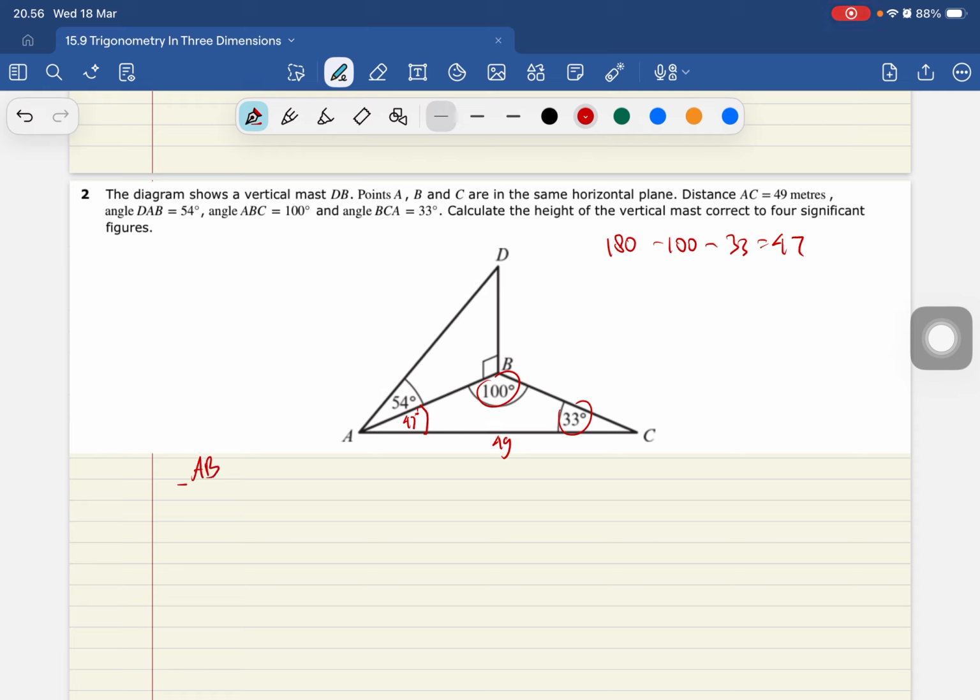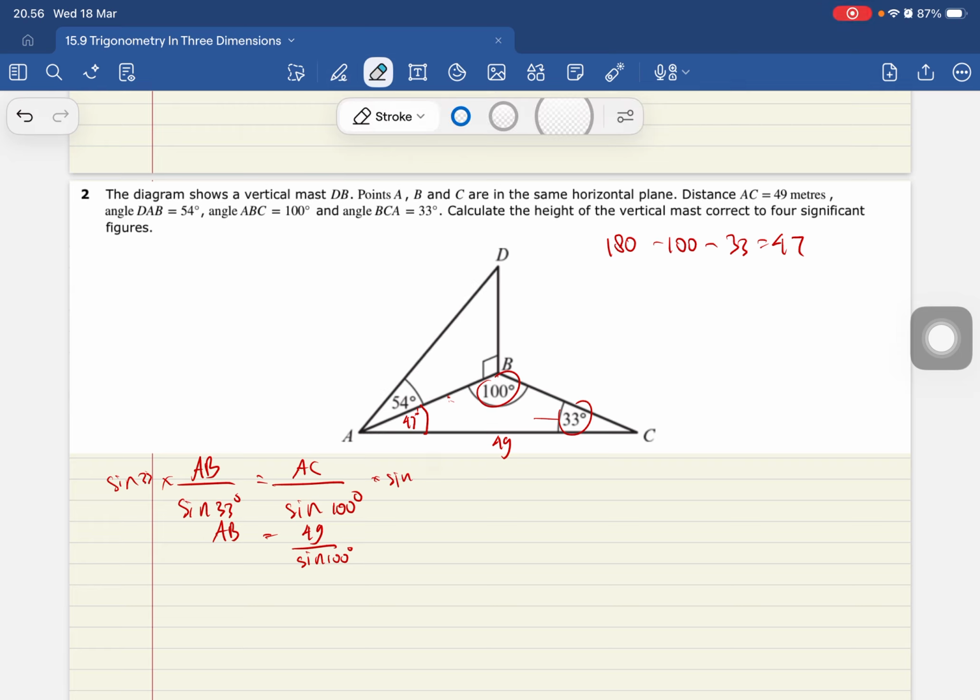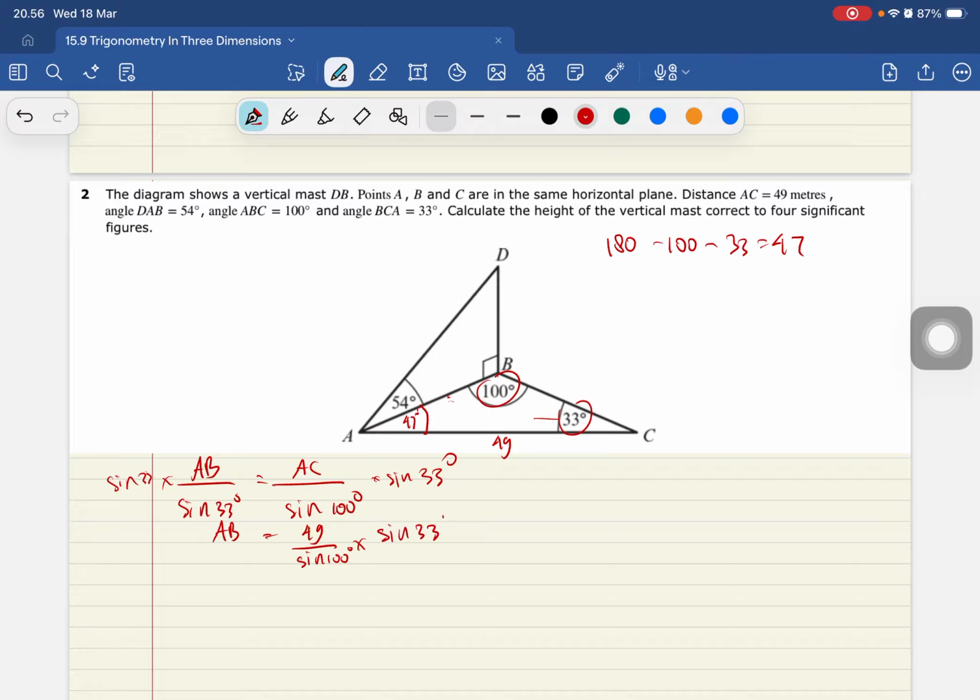So AB over sin 33 degrees equals AC divided by sin 100 degrees, with AC equal to 49. We multiply both sides by sin 33 degrees.